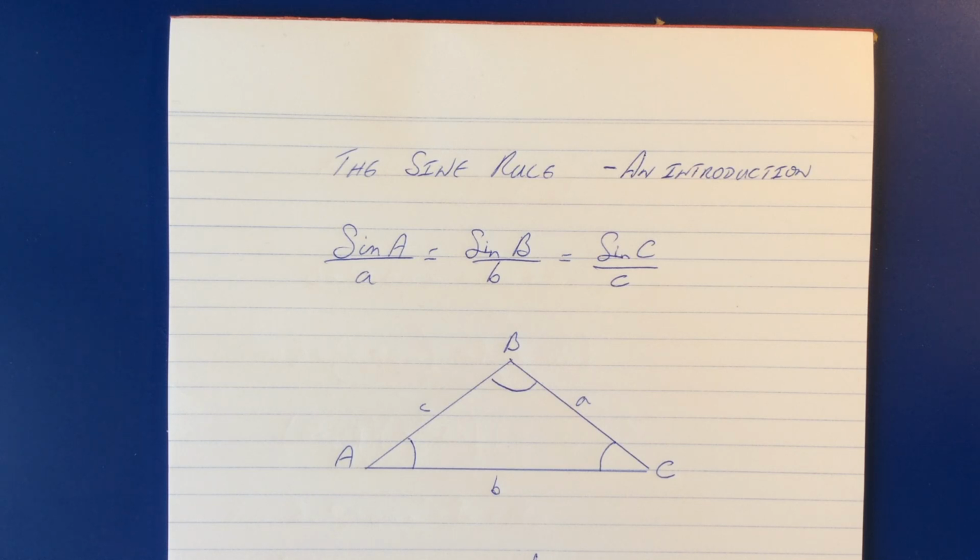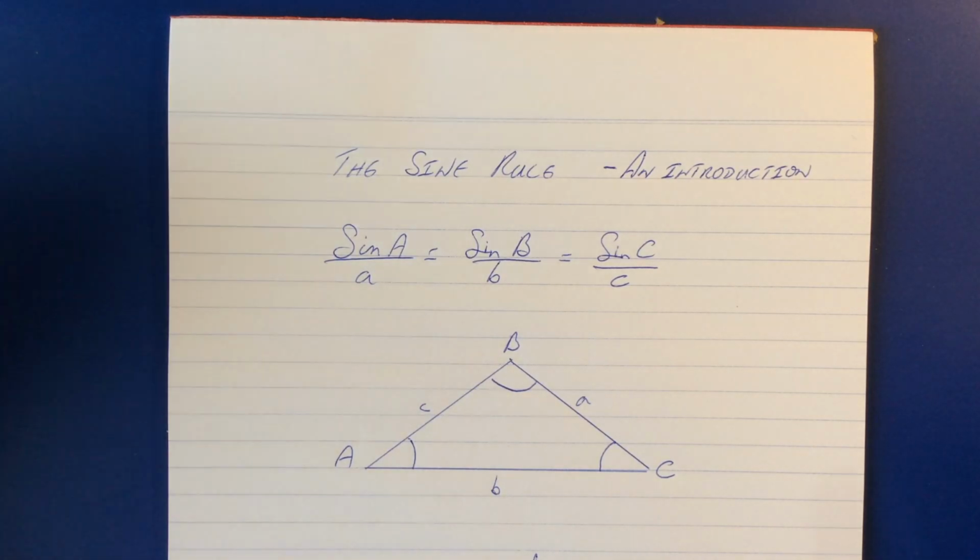The cosine rule has six. If you want to go through them all, it's got two basic ones, but a few extras. Let's just put it that way, and you'll see when you look at the video.